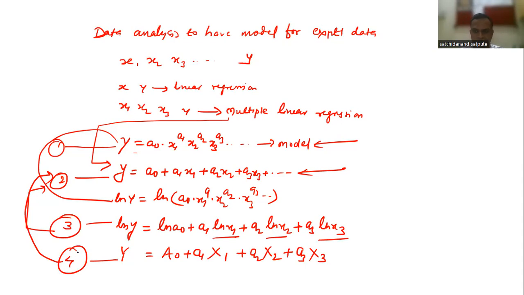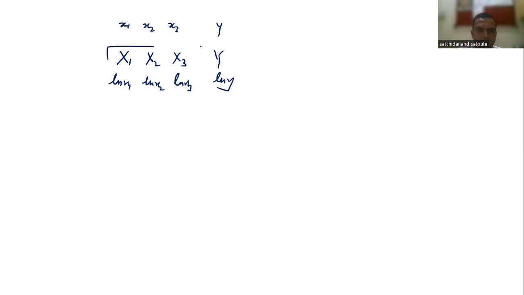This is the basis. So whatever data you have in x1, x2, x3 and y, you first have to convert it into capital X1, X2, X3 and capital Y, which are ln x1, ln x2, ln x3 and ln y, and then apply multiple linear regression on this data.